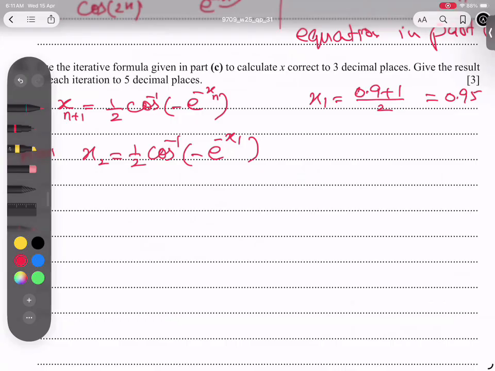And now, students, what to do onwards? So I will use this 0.95 in the place of x1. So I'm erasing it. I'm using it now here. So 0.95. It will give me x2 value. Now again, it's a matter of typing in calculator. So half into cos inverse, negative, and times 2 exponential, its power is negative 0.95.